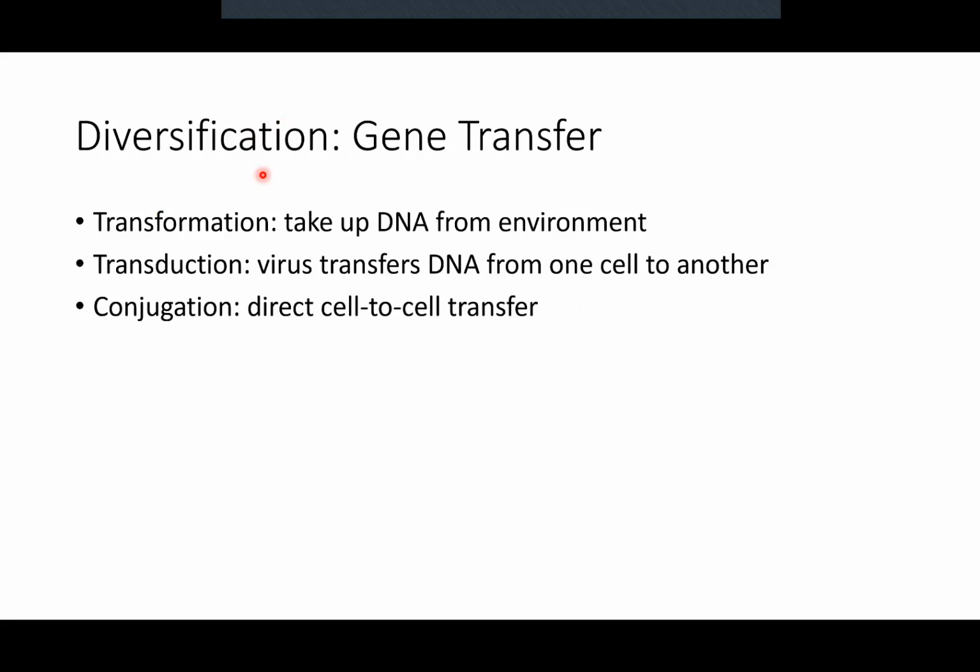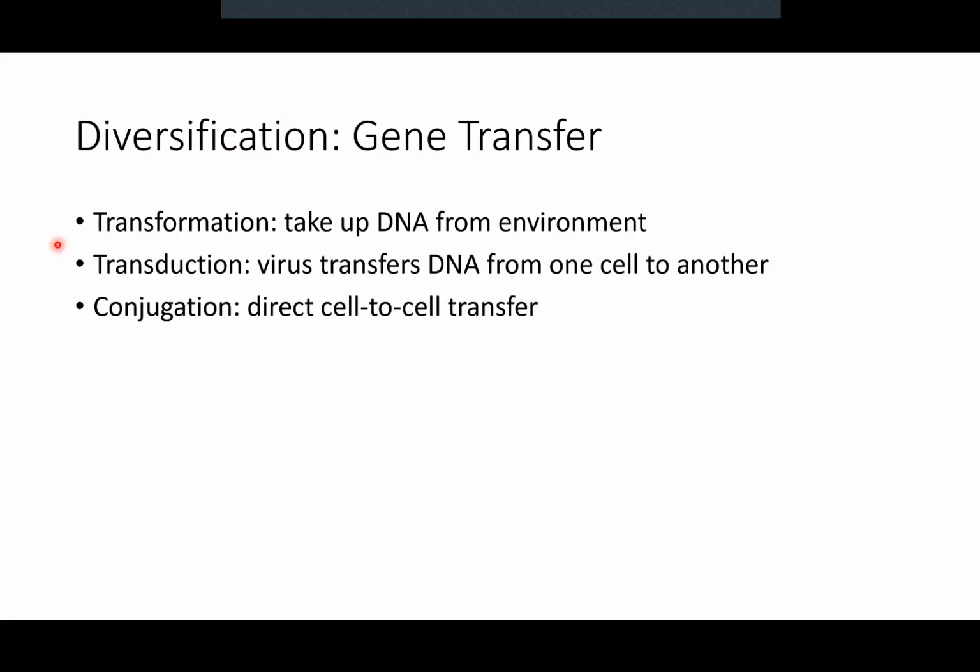One method of discussing diversification is by understanding gene transfer. We talked about 3 kinds of gene transfer. First one is transformation. That's where a bacteria or an archaea cell will take up DNA from its environment.